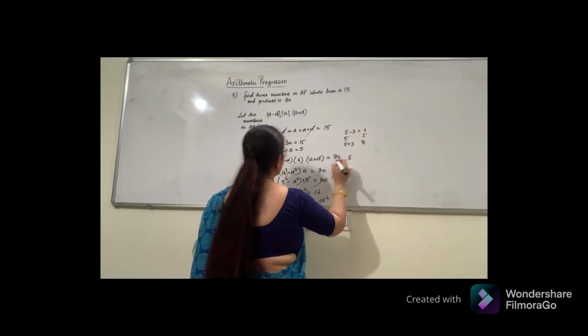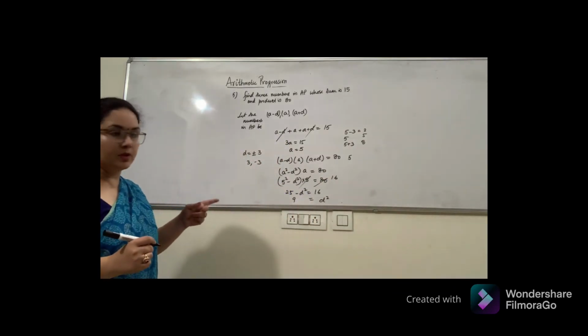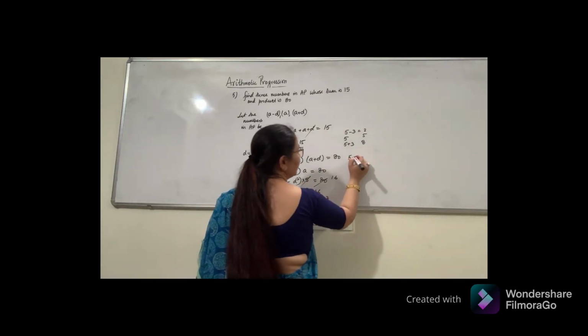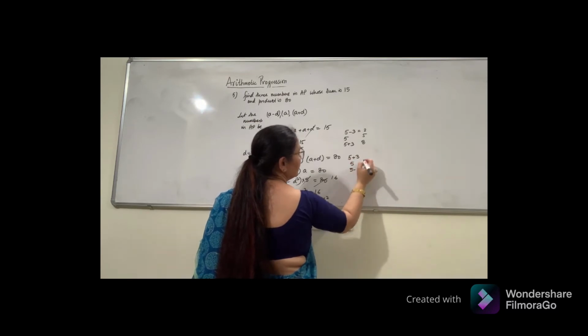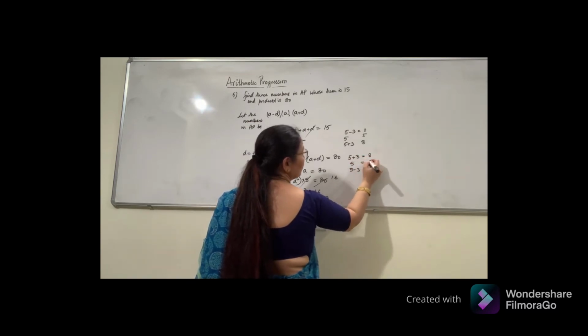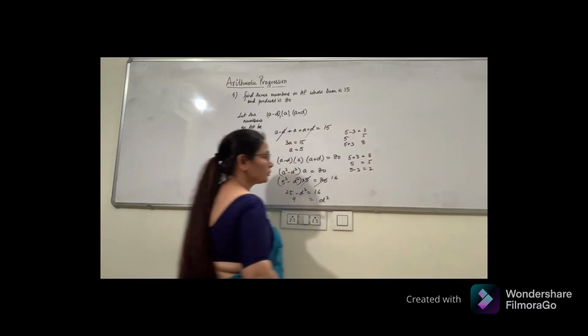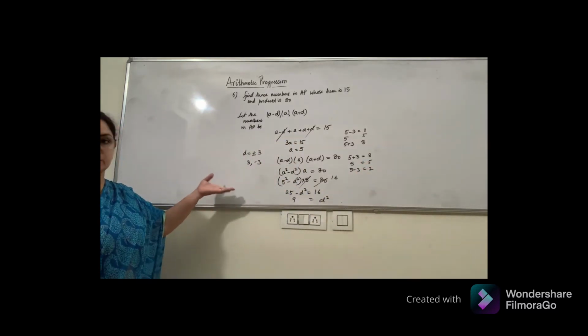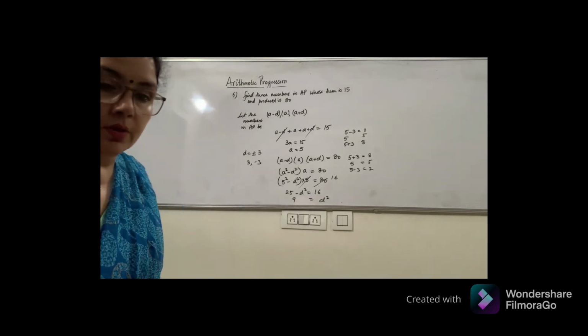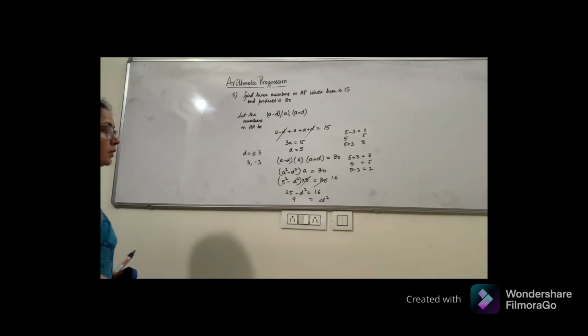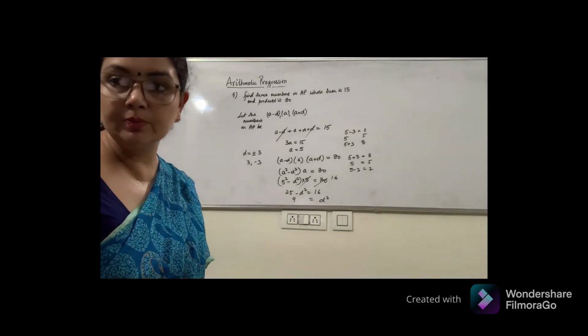And if I take d as minus 3, then minus minus plus, and then 5 and then minus 3. So we are getting 8, 5 and 2. So these are the terms in AP. Okay. So there are two answers. So pause the video to note it down.